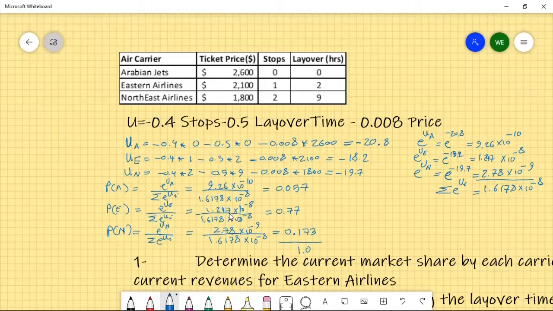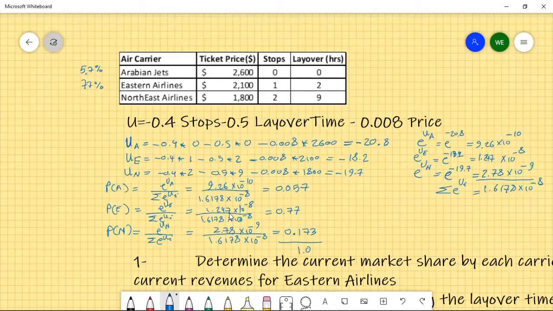Okay, so these are basically the percentage of travelers that will be using option A, option E, and the first option. We'll have 5.7% of travelers using. For the Eastern Airline, we'll have 77%.